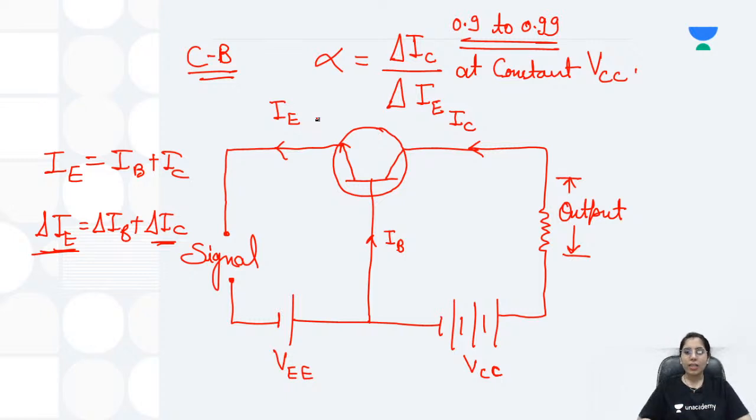Now what is that collector current known as? When there is no value of current on the emitter side, we still get some value of the collector current.